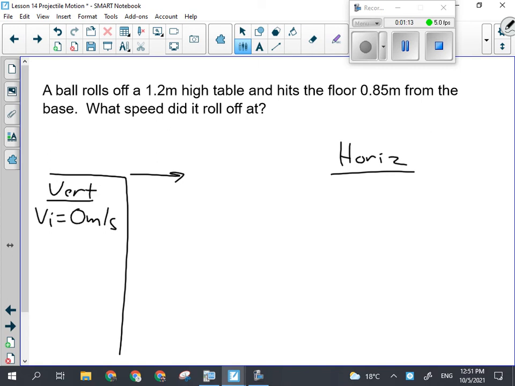That means it rolls horizontally off the table, okay, and it hits the floor 0.85 meters from the base of the table. All right, so this table is 1.2 meters tall. I want you to calculate the speed it rolled off at, which is the horizontal velocity.